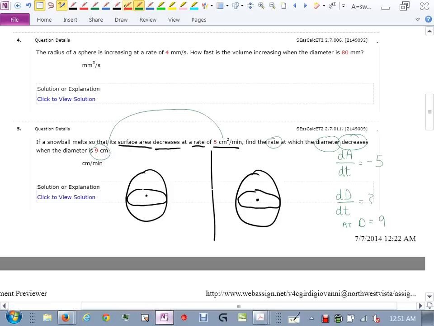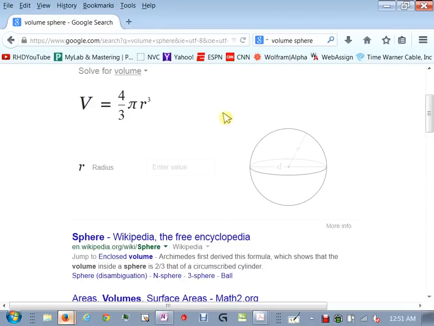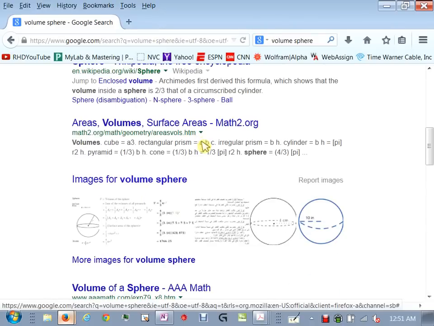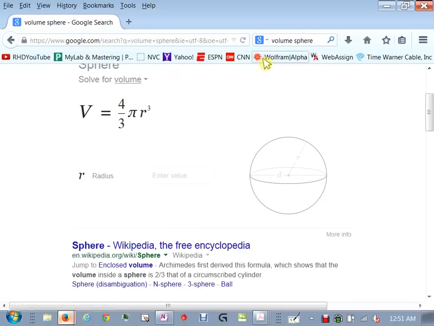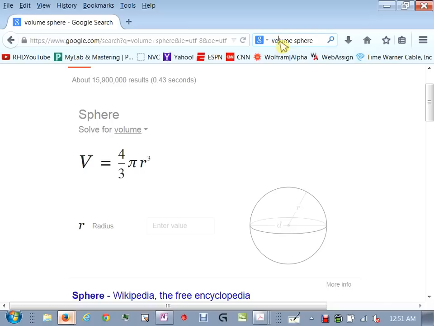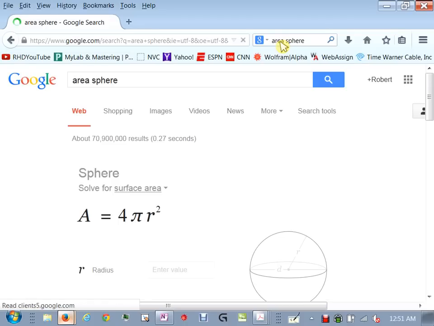So what I need is a formula that relates surface area to diameter for a sphere. If you don't know, I wonder if it had it right here. It's not there, but area is 4 pi r squared.